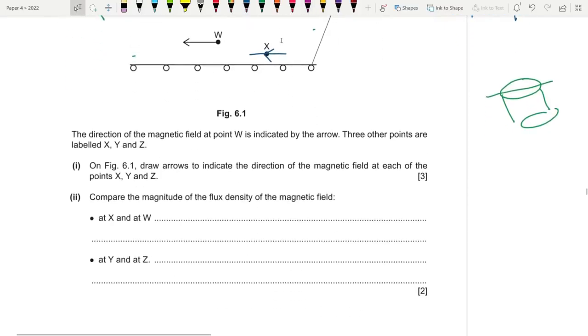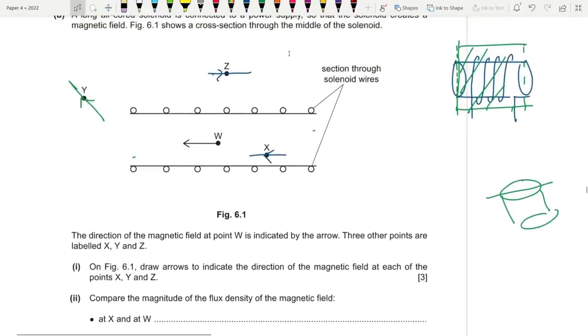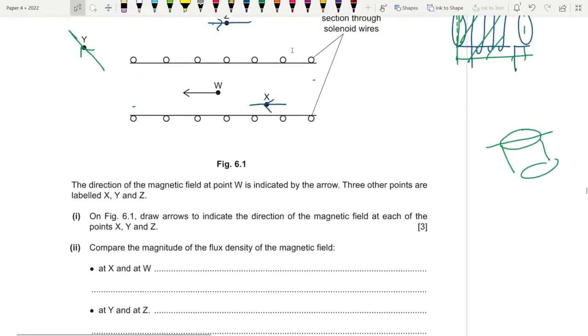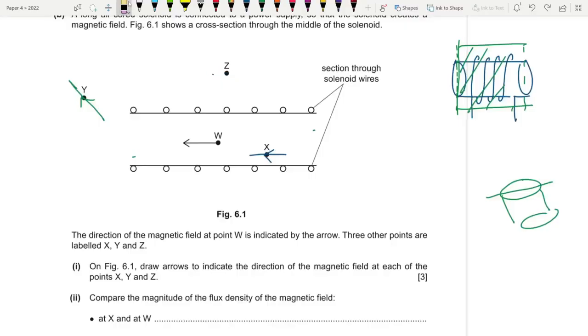Next, compare the magnitude of the flux density. Interesting. So basically, I told you that inside the solenoid the field strength is uniform. How do you guys know that? Basically, the field lines that I draw are in fact equidistant. Equidistant field lines refer to equal field strength, so they are approximately equal. Clear?